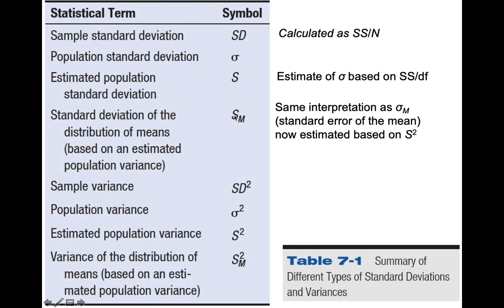And then here we've got the standard error of the mean as well as the variance of the distribution of means. The only difference between S sub m and sigma sub m, or between S squared sub m and sigma squared sub m, is that we've calculated this number based on an estimated population variance instead of a known population variance or standard deviation.